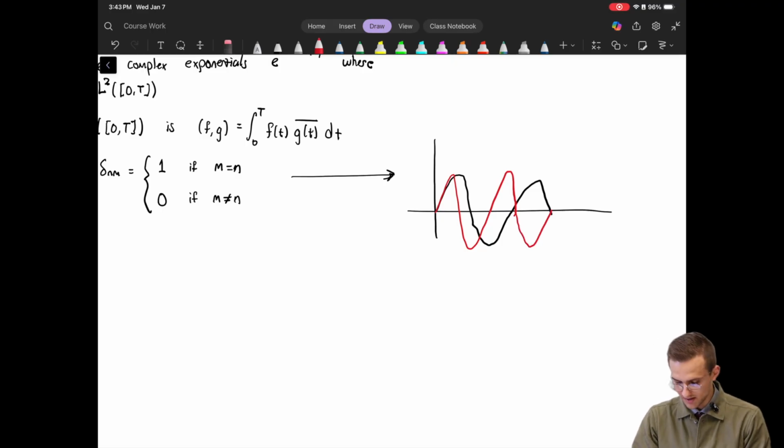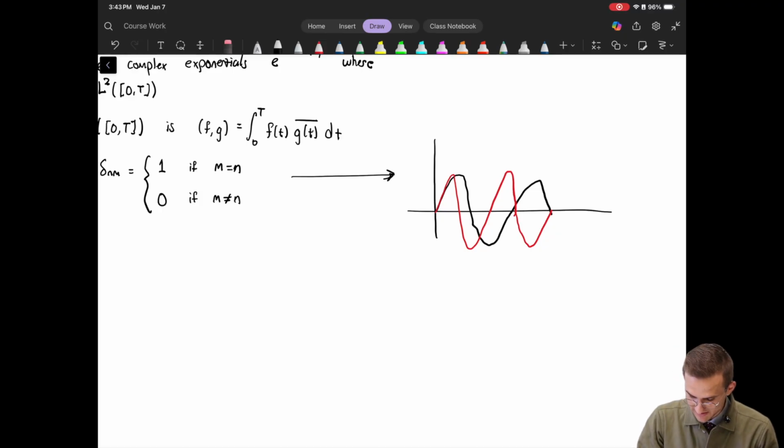If you integrate just one of these over a full period, or any integer multiple of a full period, you're always going to get 0, because the amount of area above the x-axis is going to be exactly balanced by the amount of area below the x-axis.